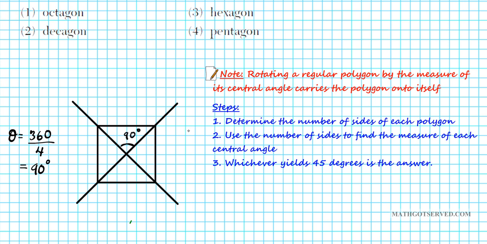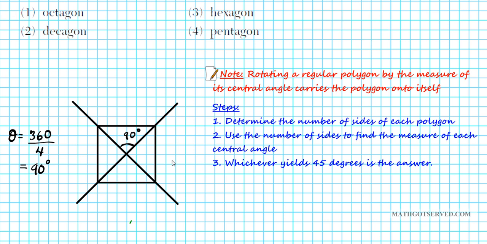Now, what do you think happens if I rotate this square by the measure of its central angle, 90 degrees? Let me go ahead and show you what happens. Give you a real quick visual here. So I'm going to rotate it 90 degrees, which is a quarter of a circle. There you go, 90 degrees rotation. What just happened is basically identical to what it was before.